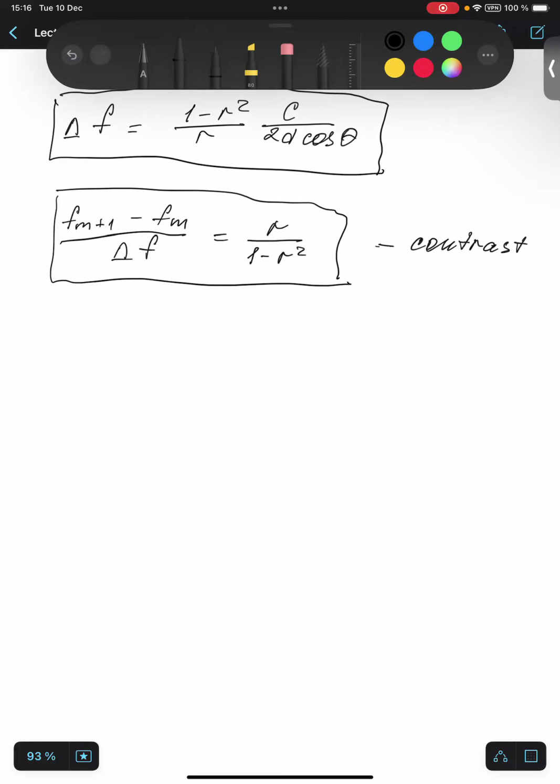Now let's consider another parameter of our system, maybe the last for today: the quality factor, Q factor.